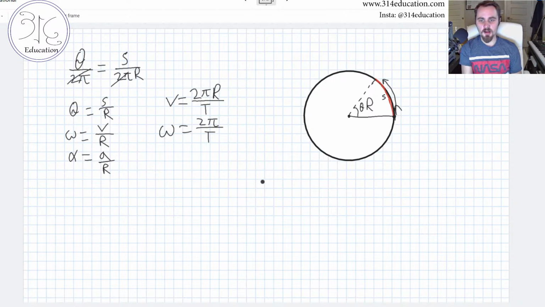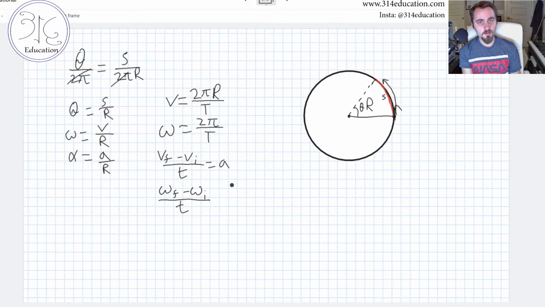So similarly to how we had, let's say, Vf minus Vi over t was equal to our acceleration, well, now we can take this same equation and plug in our angular terms. We have, instead of v, an omega. We have omega f minus omega i, still divided by our time.